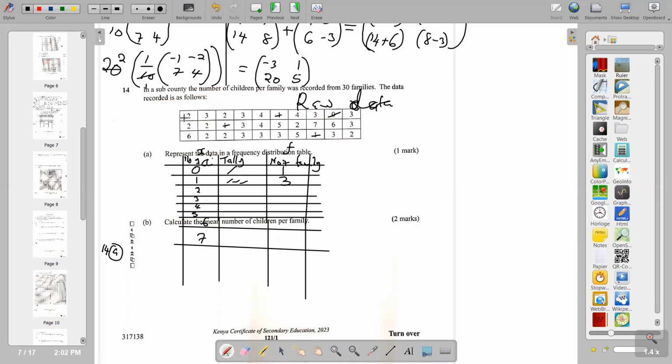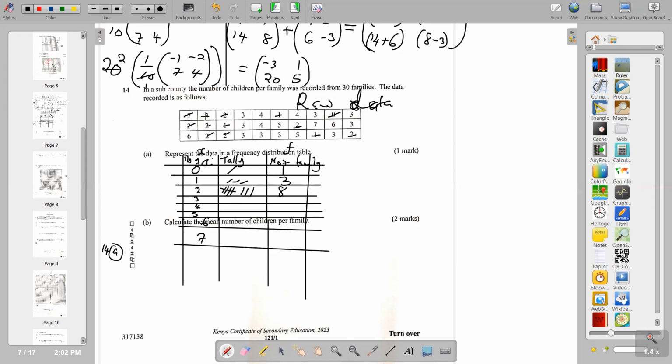That had 2: 1, 2, 3, 4, 5, 6, 7, 8. Put 8 strokes, so here you have 8.